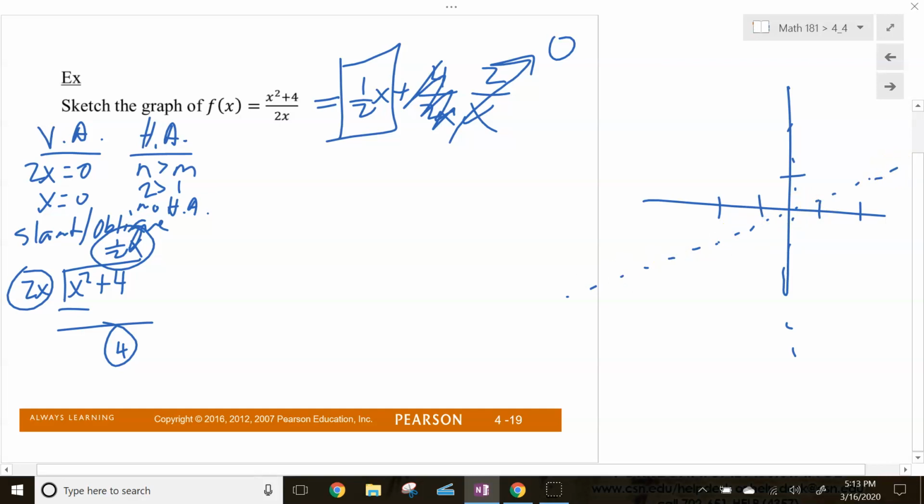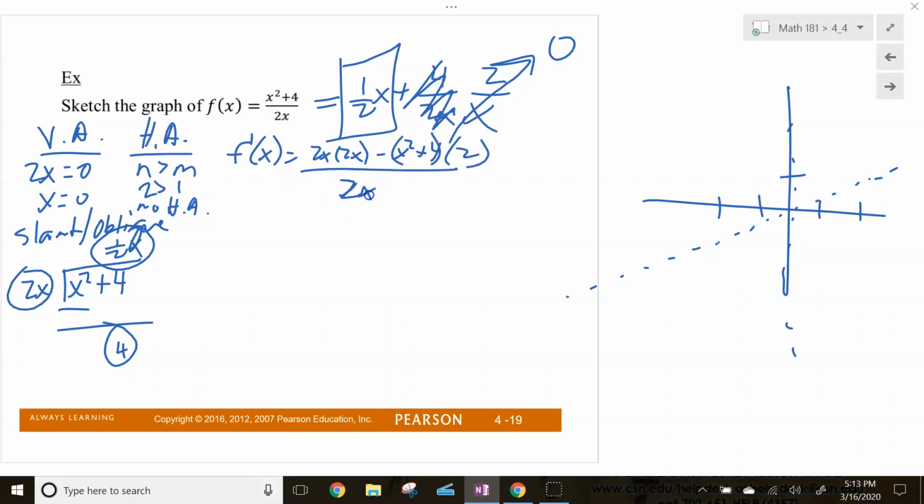Now let's actually do the derivative on this thing. So we take the first derivative, derivative of the top times the bottom, minus top times derivative of the bottom, all over bottom squared. So we got 4x squared minus 2x squared minus 8 all over 4x squared.